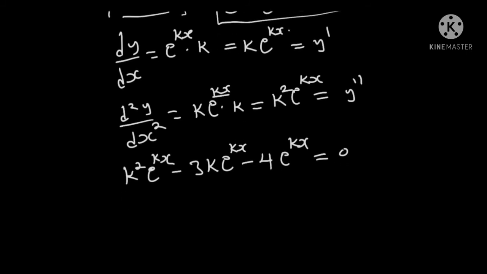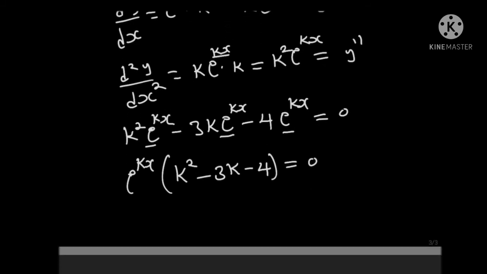Now, as you can see here, e^(kx) is a common term. Therefore, we can factor it out. e^(kx) times k squared minus 3k minus 4 equals 0.